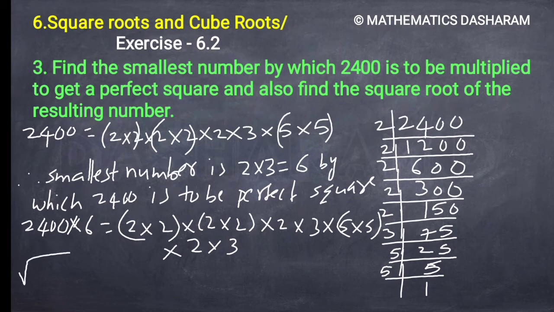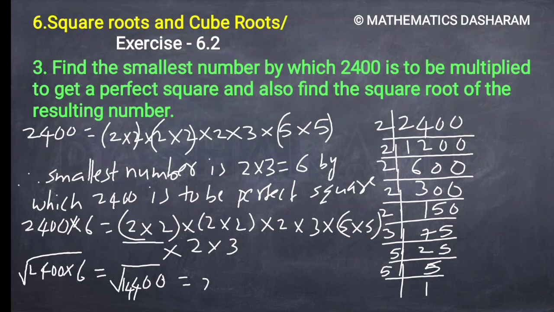So what is the square root of 2400 into 6? For one pair, one number, here for one number, here 2 into 2, and here 3 into 3, one pair, and here is a 5.